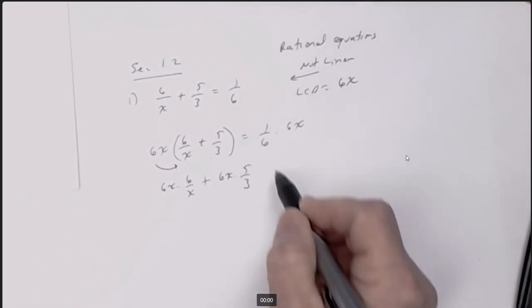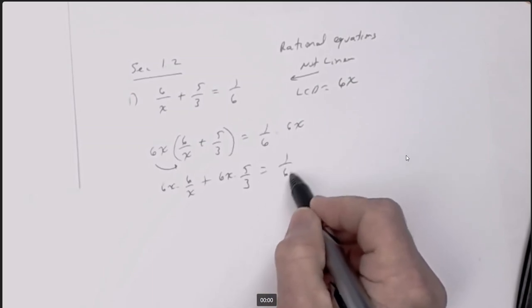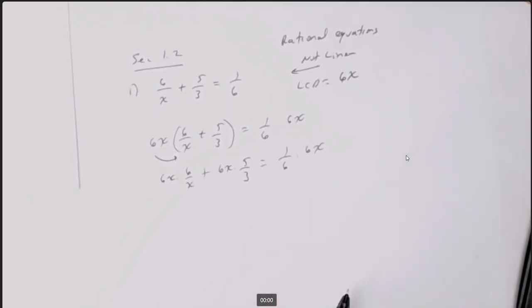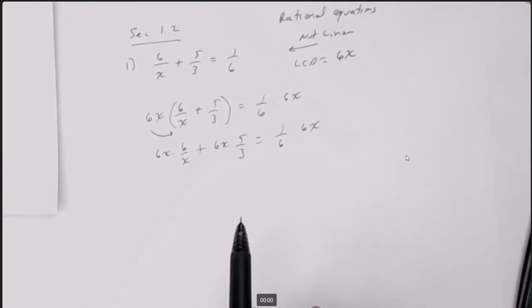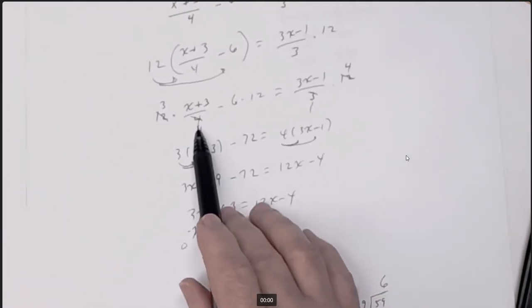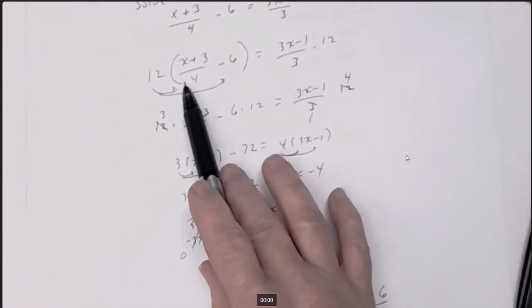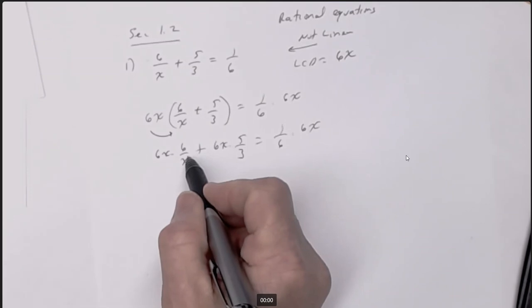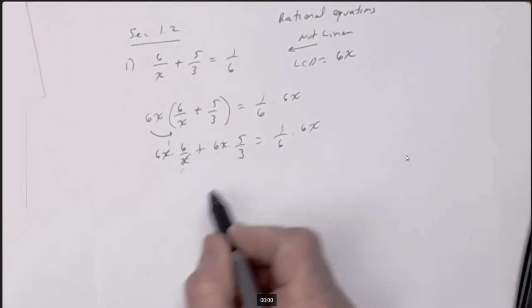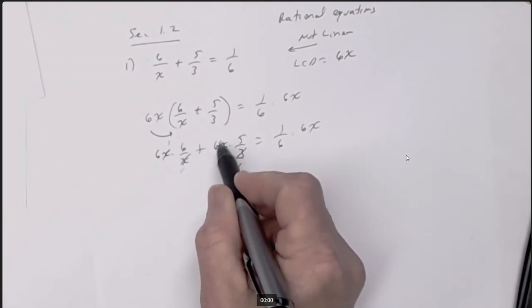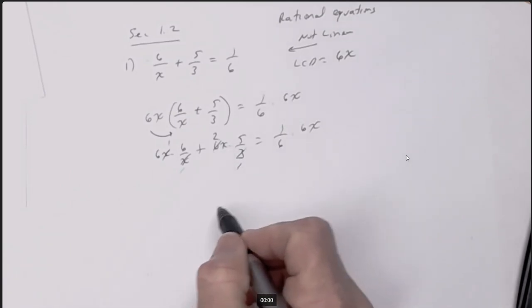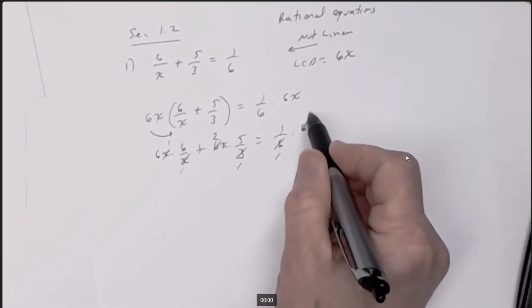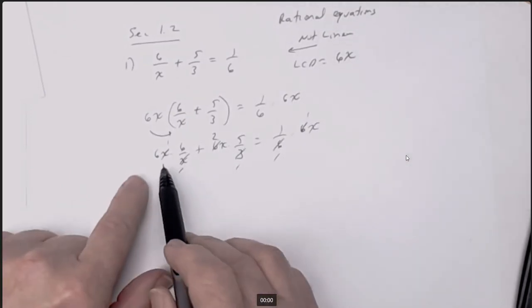And just like we saw here, the next step, remember the whole purpose of multiplying by the LCD is to clear those fractions. So now you can reduce. The x's divide out. The 3 into 3 is 1. 3 into 6 is 2. And the 6's divide out. And now look at what we have. 6 times 1 times 6 is 36.